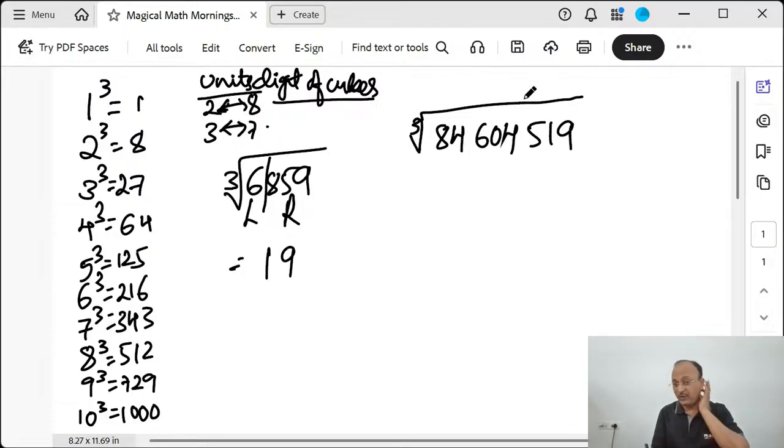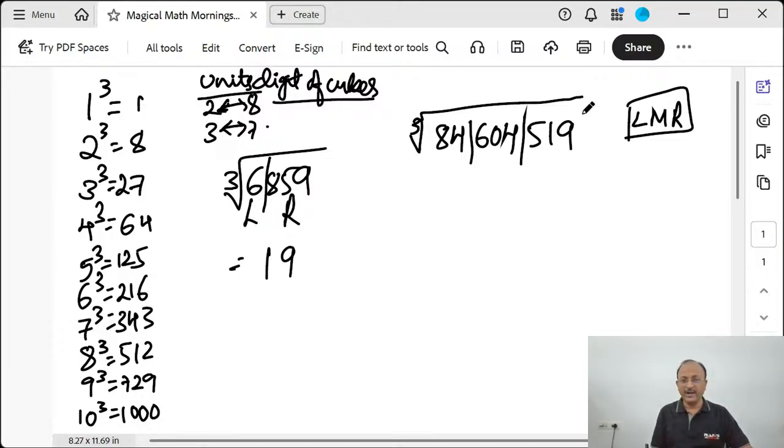From the right side, we have to make it into groups of 3. These 3 are one group, these 3 are one group, and the left out, either 1, 2 or 3 digits, will be one group. Let's say the digits corresponding to the cube root, normally it will contain 3 digits. Let's take those 3 digits as LMR. L is the left side digit, R is the right side digit, and M is the middle digit.